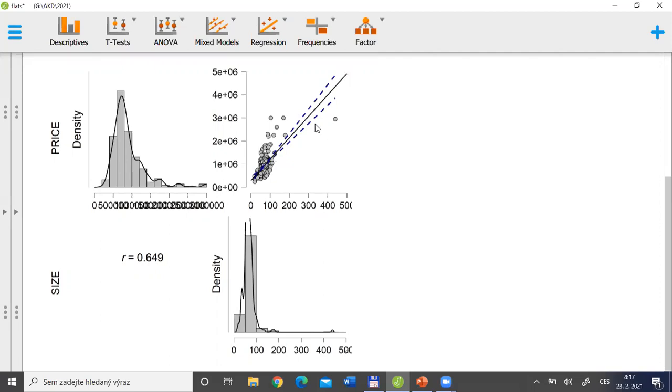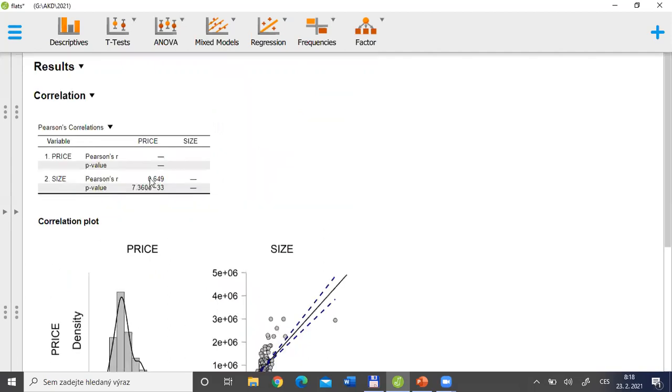So we will discuss this point next time as an influential point, and we should exclude this point from my data analysis. It is probable that this regression line without this point would be something like this. It is also expected that the correlation coefficient will be slightly shifted up. It means that the real value is maybe bigger than 0.649.